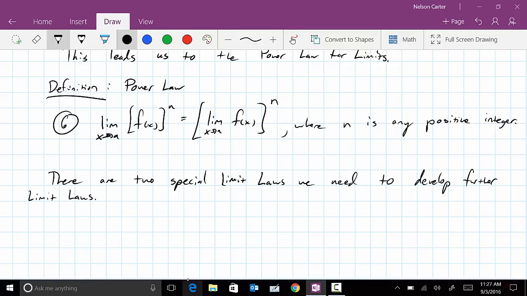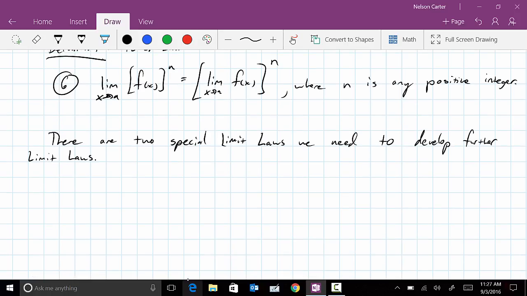These are two kind of seminal laws that we can use to then create many more laws. And these two laws are really easy to prove. Intuitively, you can kind of understand the idea.